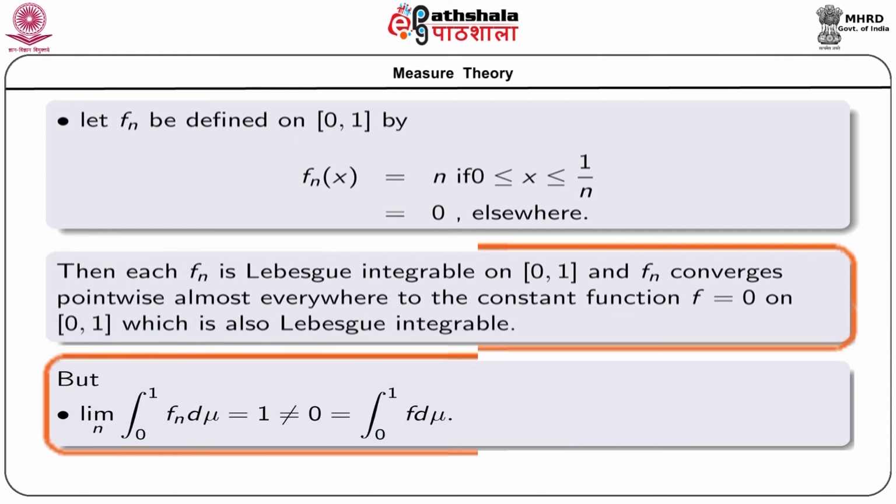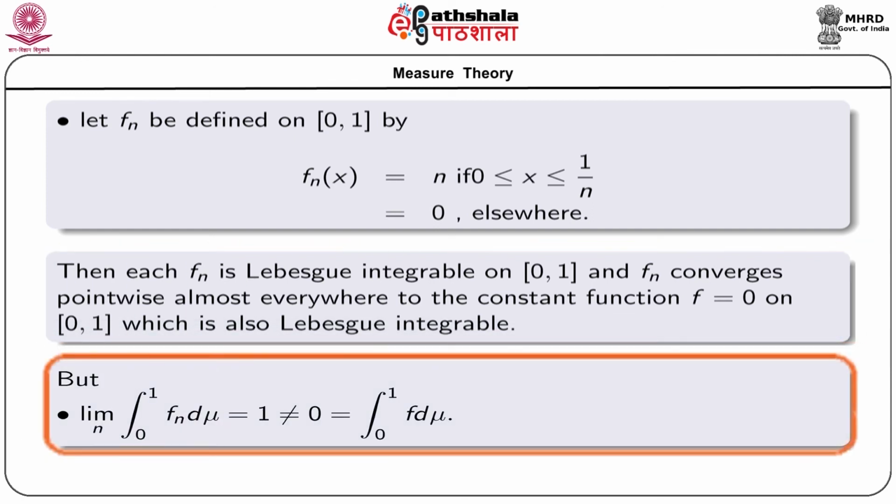But see that the value of the Lebesgue integral of the limit function, that is the integral from 0 to 1 of f d mu, is equal to 0, whereas each value of the integral from 0 to 1 of f_n d mu is equal to 1.